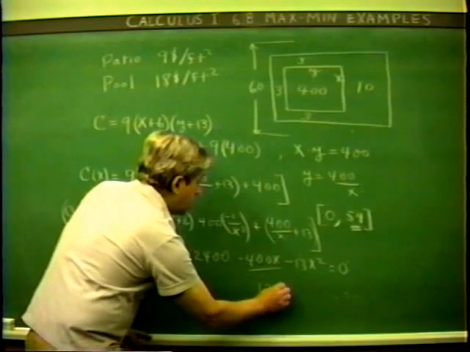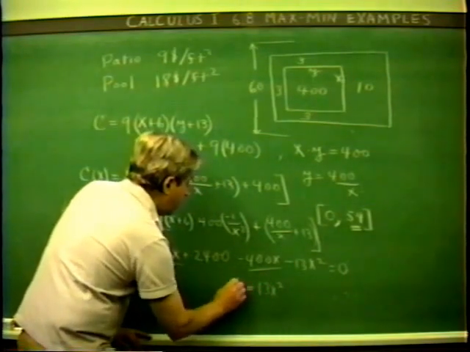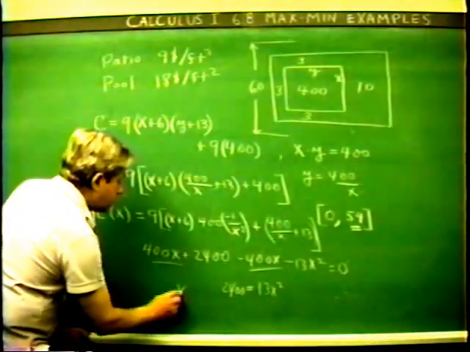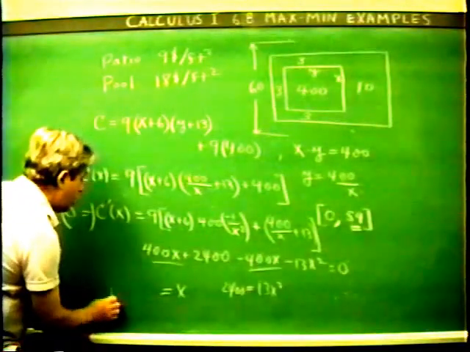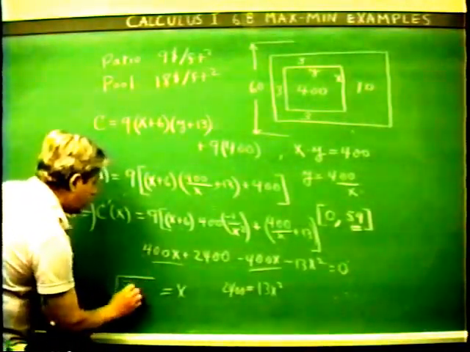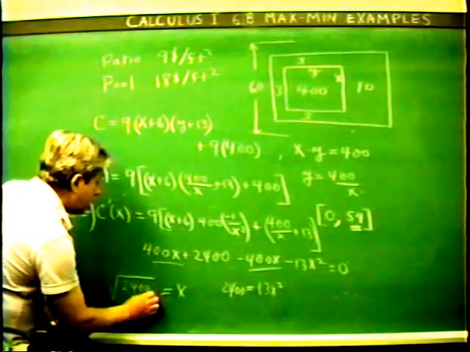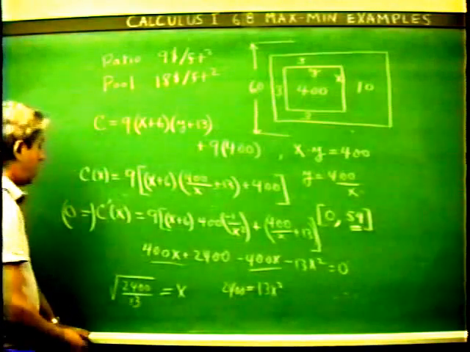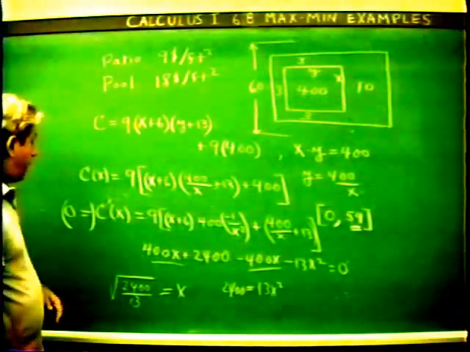Well, 400x minus 400x is nice. So we get 13x squared must equal 2400, or x must be equal to the square root of 2400 divided by 13.